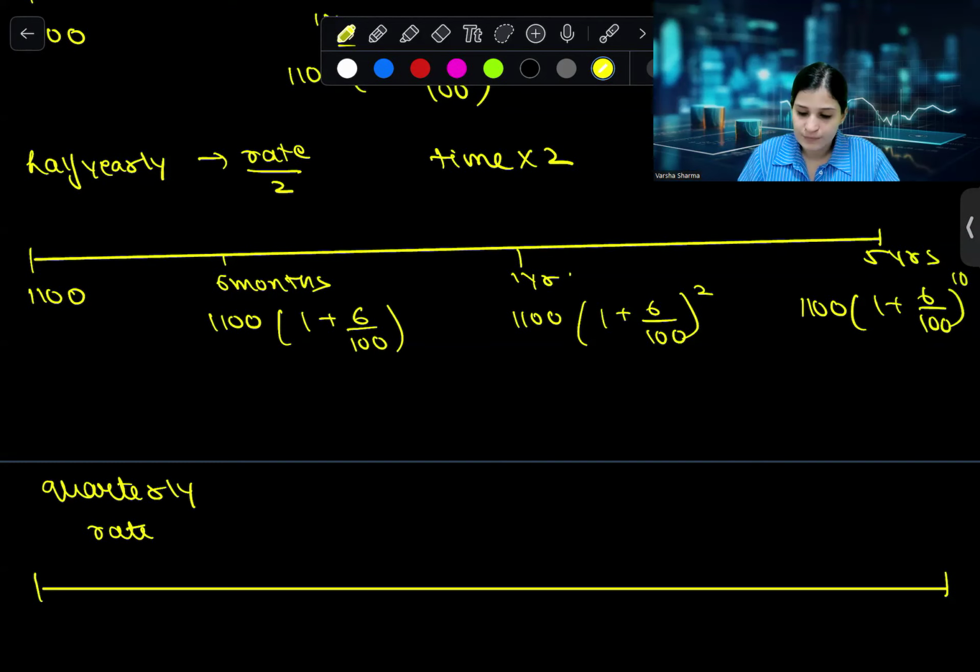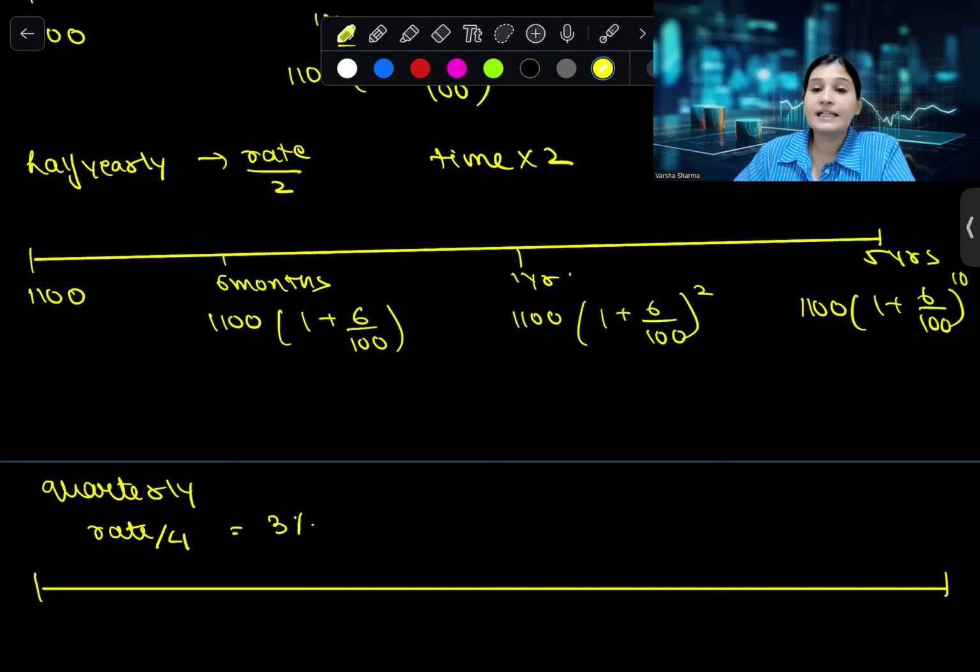The rate will be 3%. 12% gets divided into 4 parts. For the entire year, 4 parts mean 3 months, right? So for 12 months, you are paying 12%. So for 3 months, we will pay 3%. 4 parts, 12 by 4, 3%.